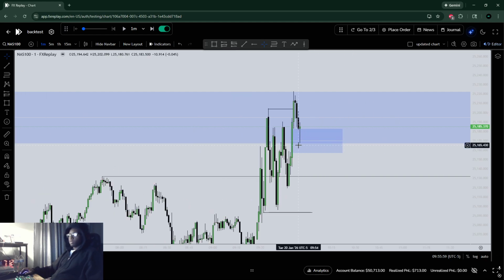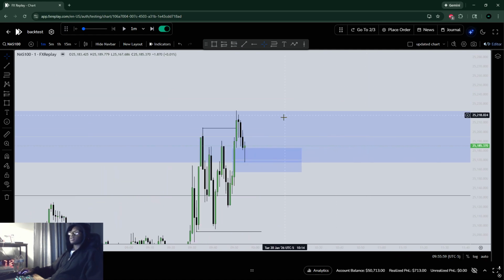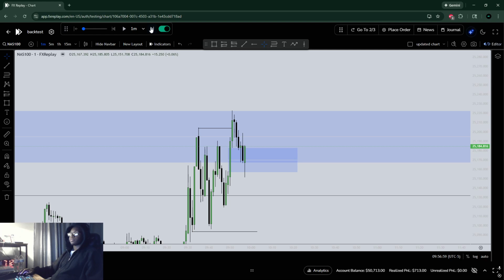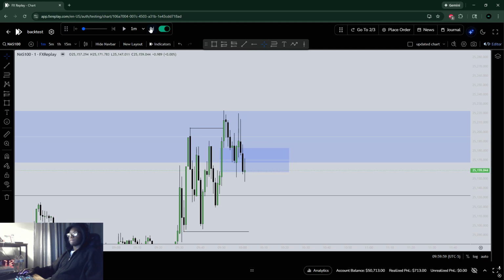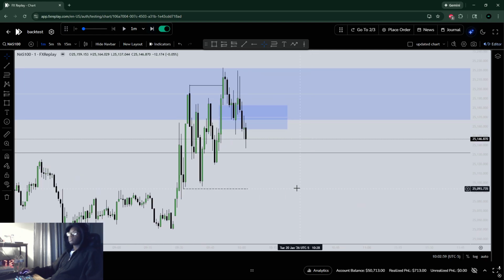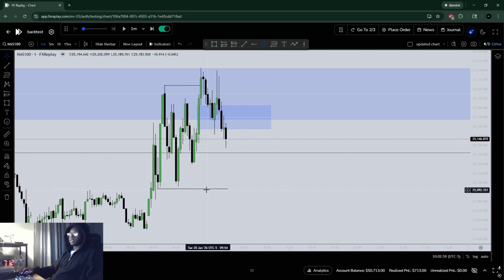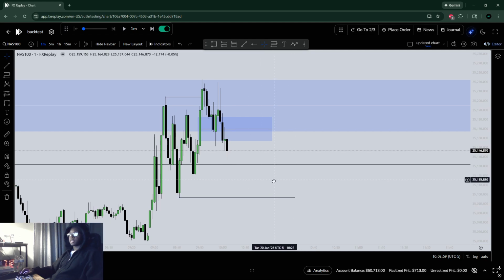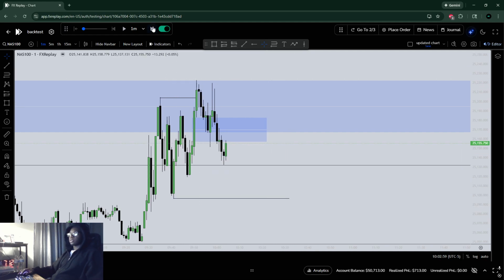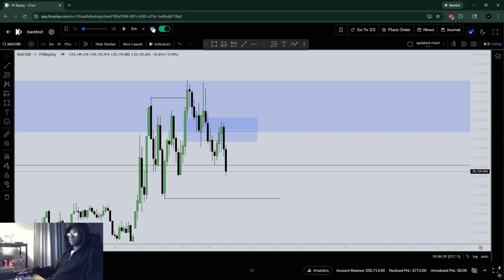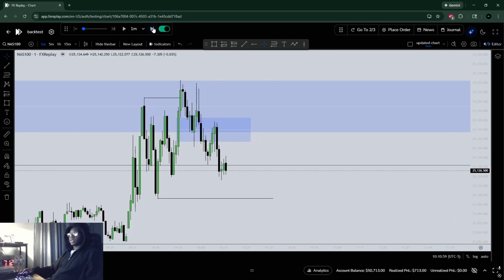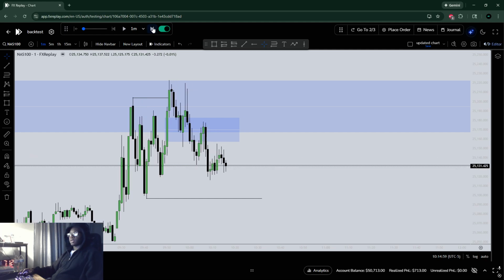If it respects it and goes higher, I'll take the long. Okay, so our short bias is still valid. I still want to see a close beneath here before I take a short. I don't want to risk it and take the short from there. So I'm just going to wait for a proper candle closure.